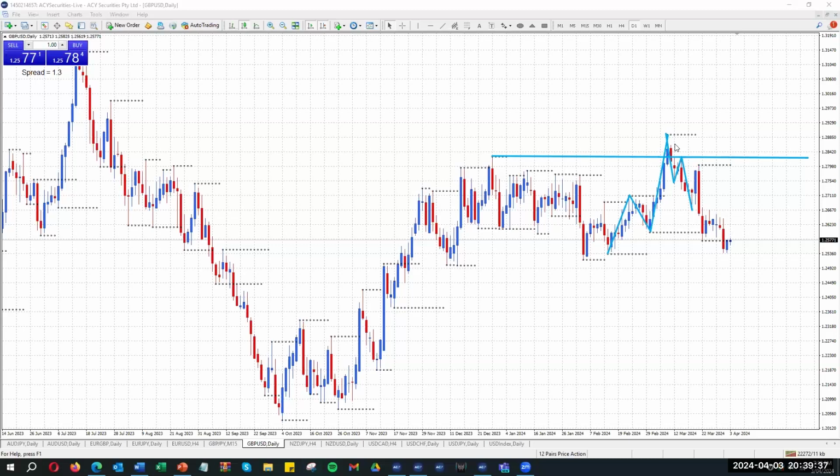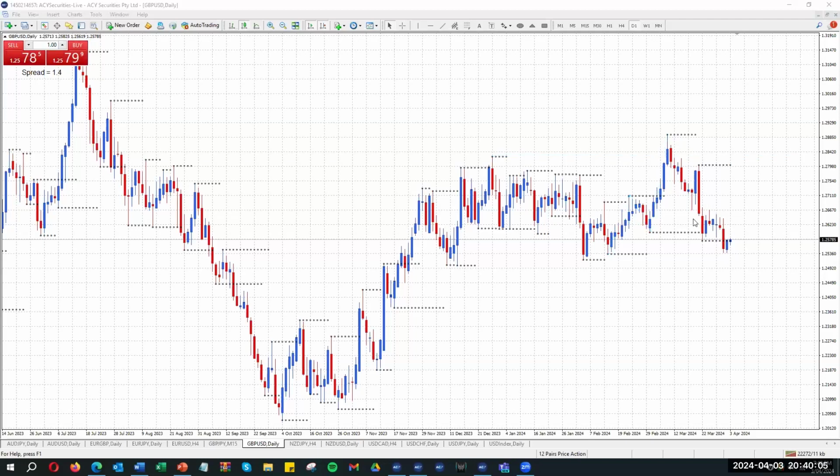We move back below that level, because this is really a sweep of all the buy stops above here where sellers have their stops. Some retail traders are saying, well, if this moves above here, I'm going to buy. So this is where the institutional traders are taking the opposite side of those orders, which is a sell, gobbling them all up. So this is really a liquidity trap to move back down the other way.